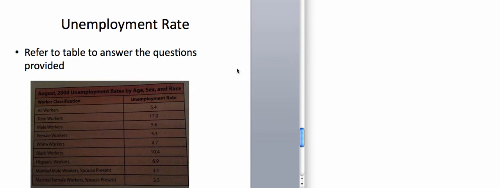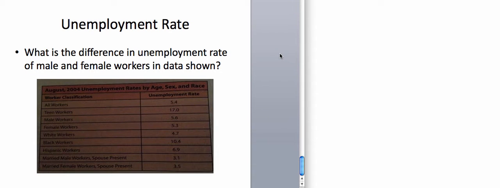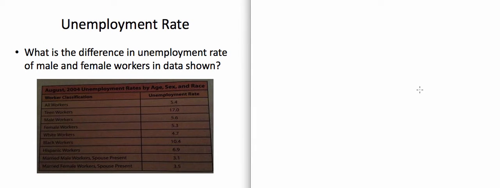And finally, we have the unemployment rate. They give you an unemployment rate for a specific month. Here on this table on page 372, basically you refer to the table to use any questions that are provided. So they want to know, what's the difference in unemployment rate between male and female workers in the data shown. So male workers is 5.6%.